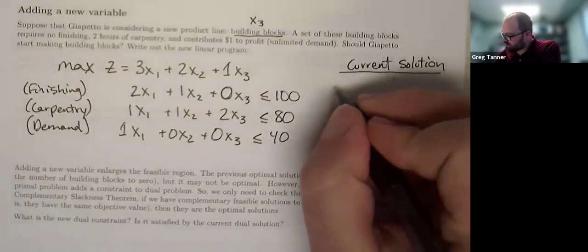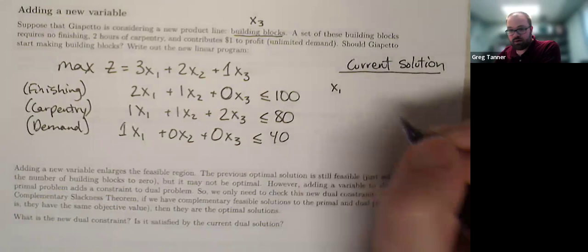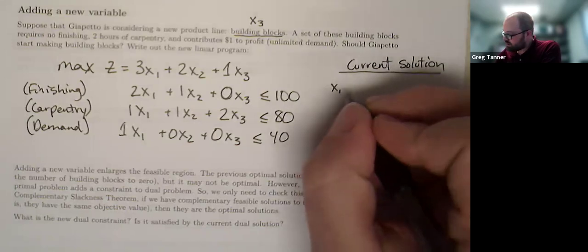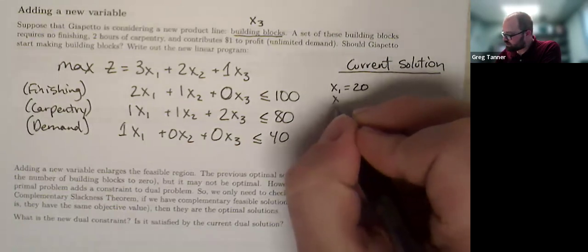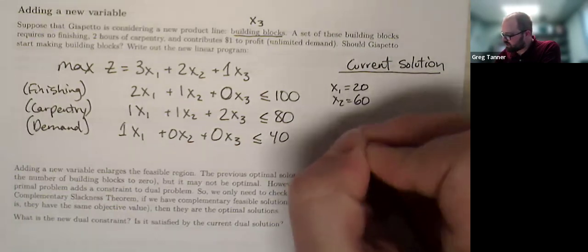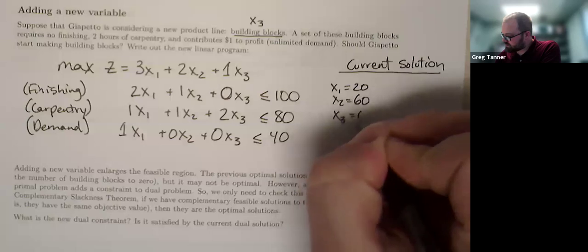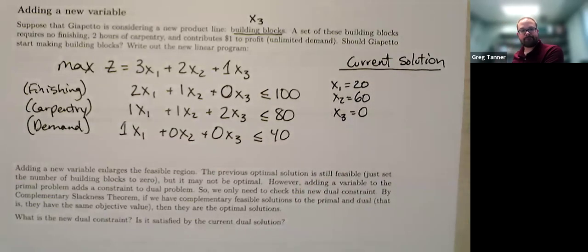Our current optimal solution, we make 20 soldiers, 60 trains, and 0 building blocks.